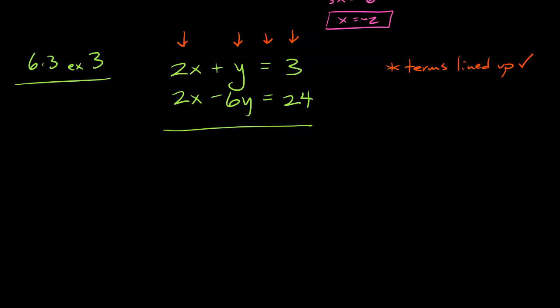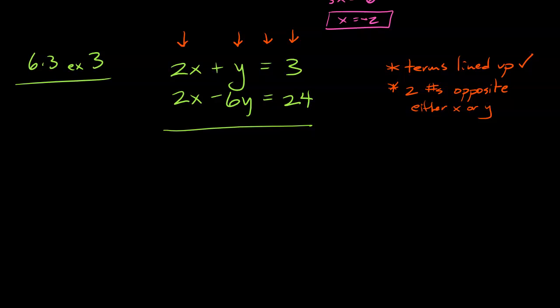Good. Second criteria, we need two numbers opposite, either X or Y. Well, we're close, but we don't have that. If I look at the X's, I've got a 2 and a 2.